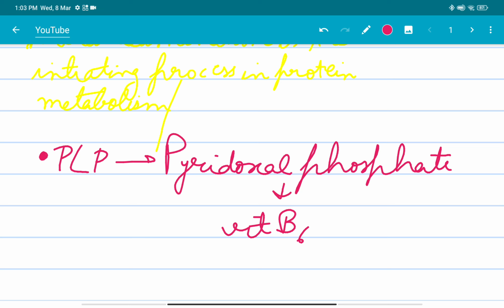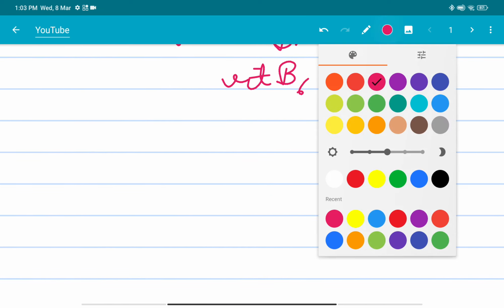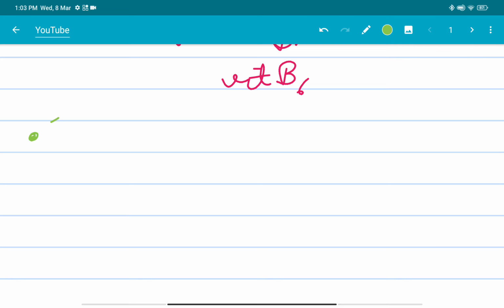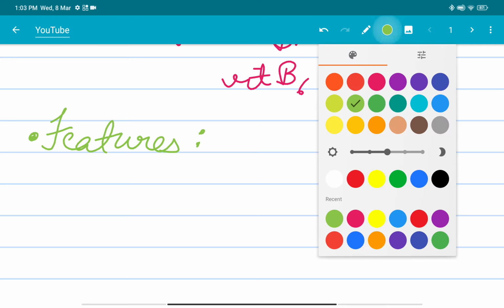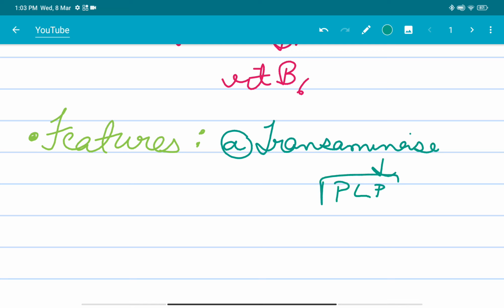Fine. Now we will discuss a few features of transamination. Basically, we have to discuss a few points about transamination. The first point we have already discussed, that the enzyme transaminase requires PLP, which is pyridoxal phosphate, a coenzyme derived from vitamin B6.